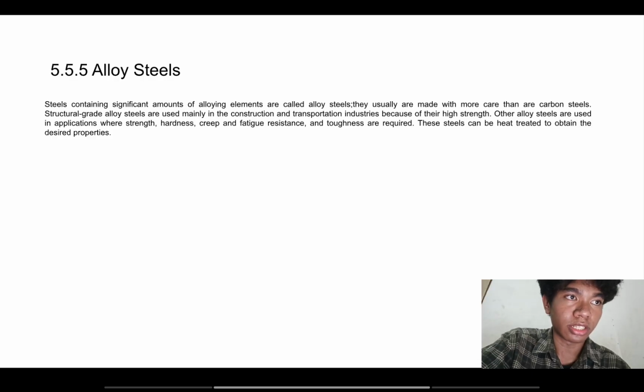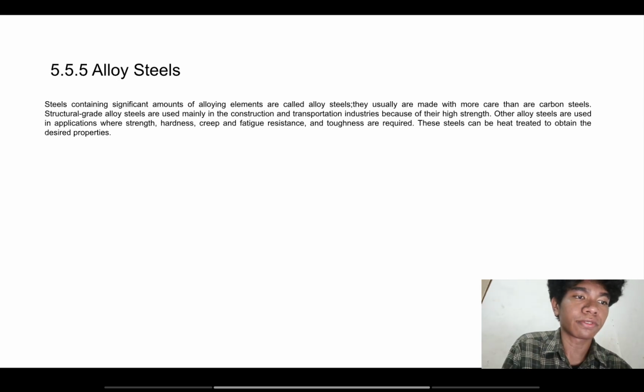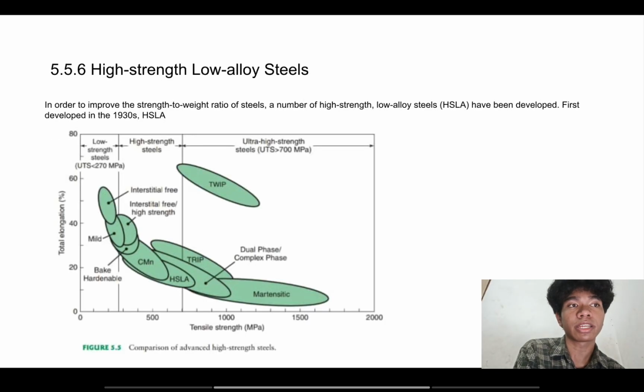alloy steel. This is steel containing significant amounts of alloying elements, made stronger than carbon steel. Structural grade alloys are used mainly, and we can see the steel can be heat treated to obtain the desired properties.